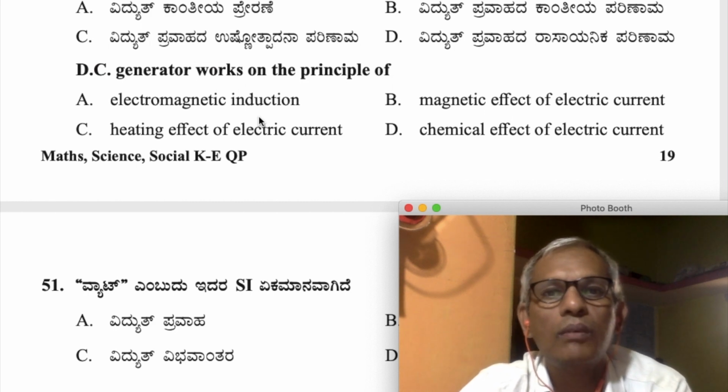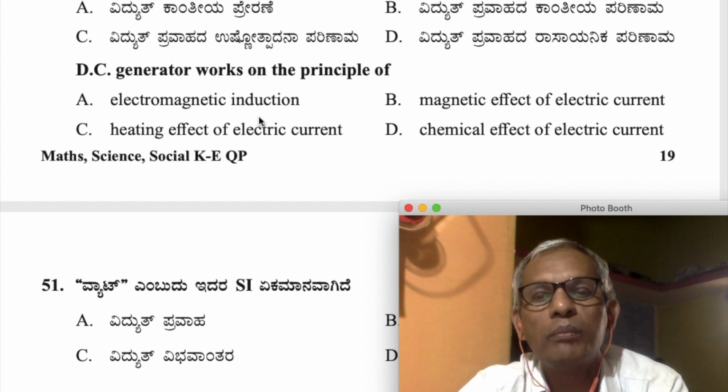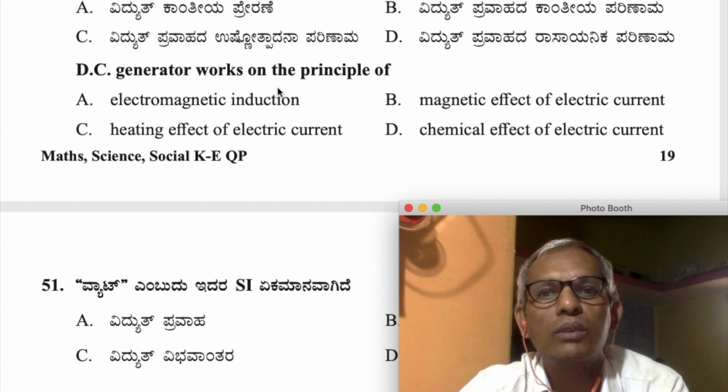On the basis of that principle, called electromagnetic induction, the DC generator works. So the answer is A.